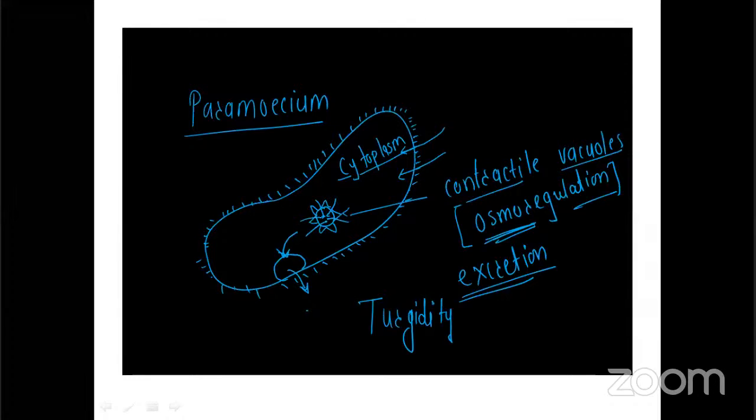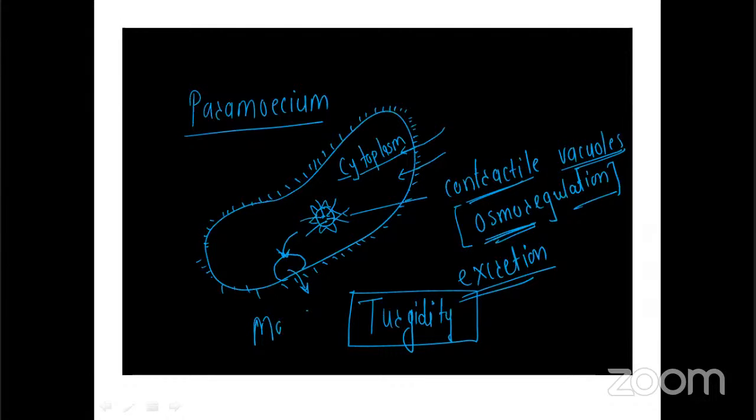For this purpose, the excess of water is removed by these contractile vacuoles. So contractile vacuoles maintain the pressure of the water inside the cell cytoplasm, and they help in maintaining the turgidity of the cell. So this is all about the vacuoles.